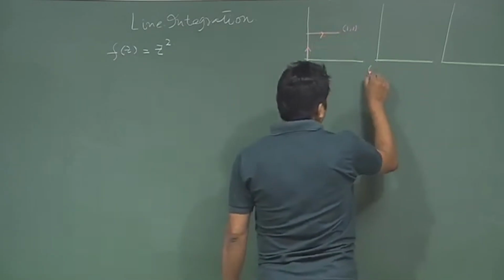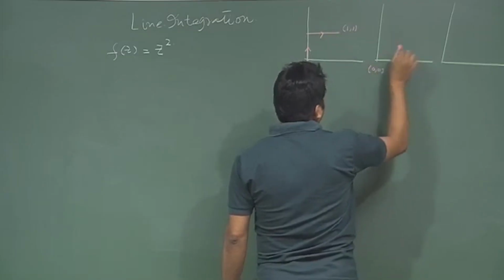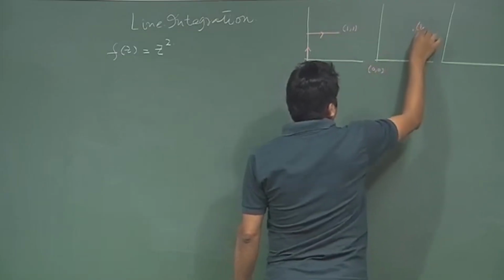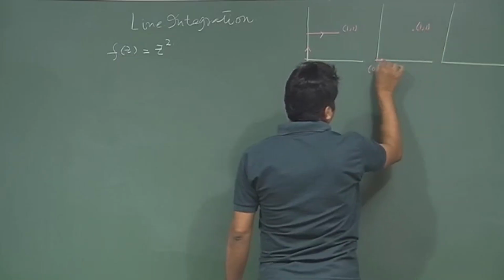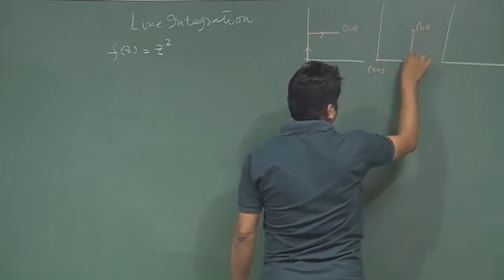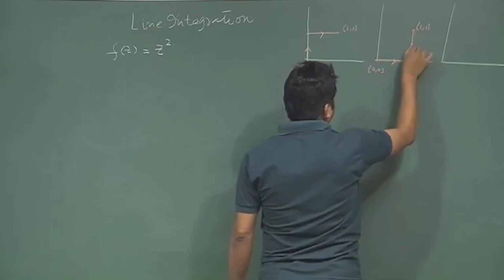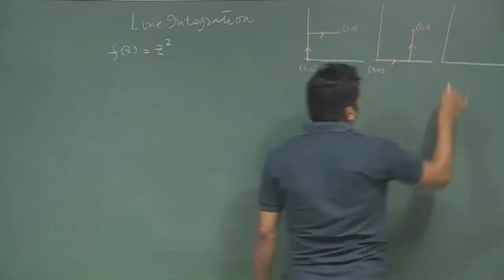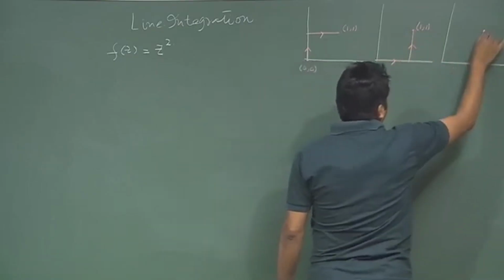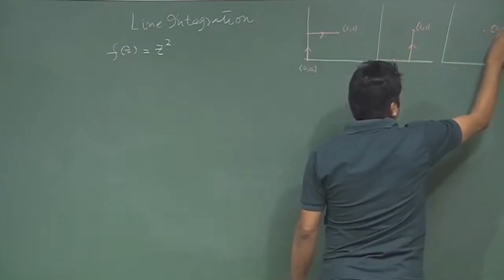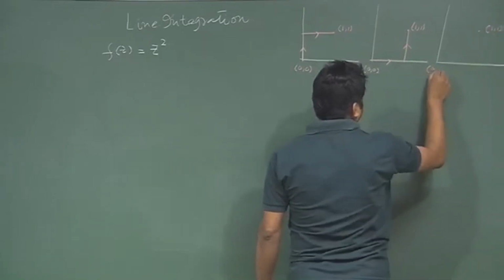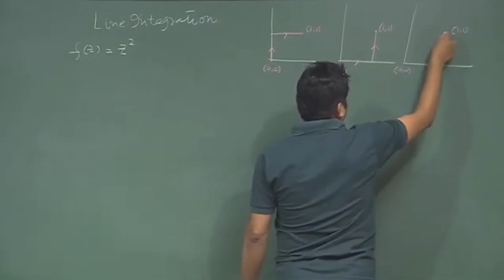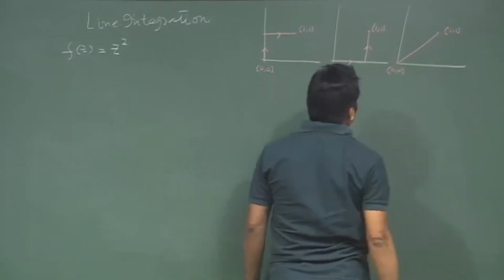The second path, this is 0, 0, this is 1, 1. Second path is this to this. And the third path is this.